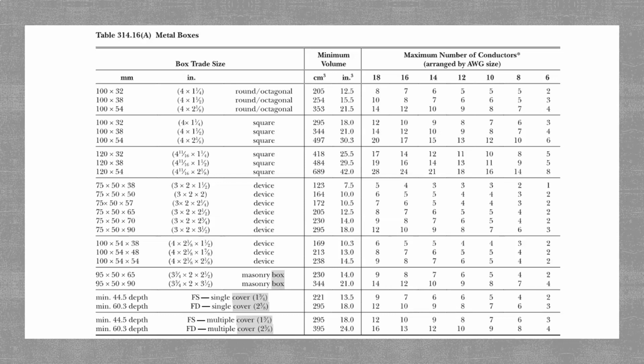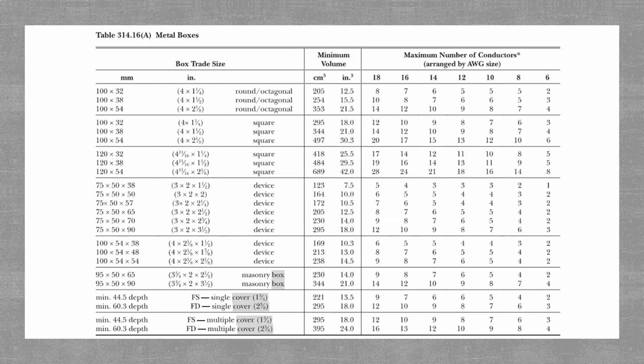So moving down to the square section, since I said we want a square box, I can see that a 4 1/4 inch square box can only hold up to 8 number 12 conductors. Moving down to a 4 1/2 inch square box, I see that it can only hold 9. Now once I move up to 4 by 2 1/8, I see it can hold up to 13 number 12 AWG conductors.